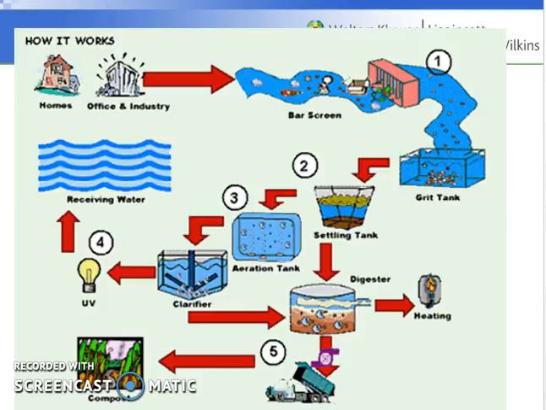Once the stuff has been removed, it's basically shredded, or it's going to be ground up. Then all of the solid material starts to settle out in the next stage, which is called the sedimentation tank. So all of that solid material is just going to start to settle to the bottom.